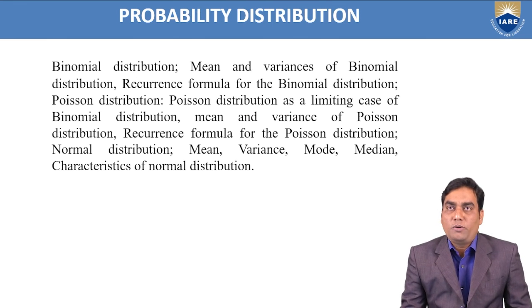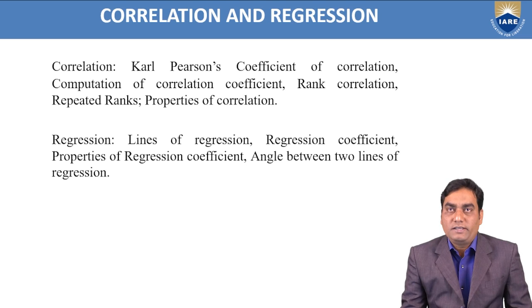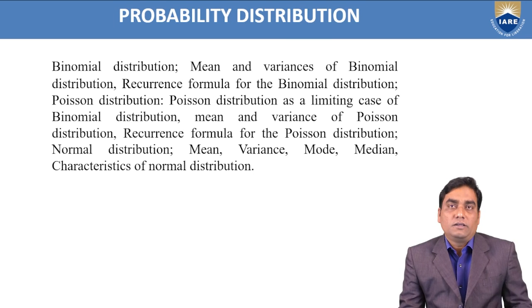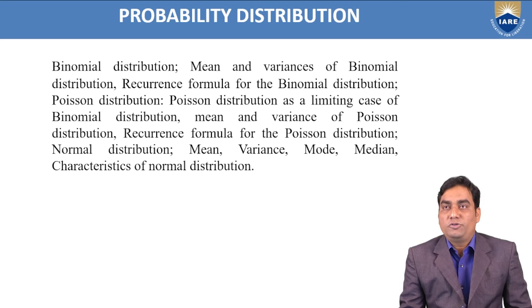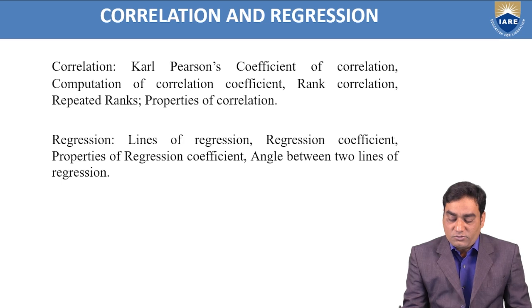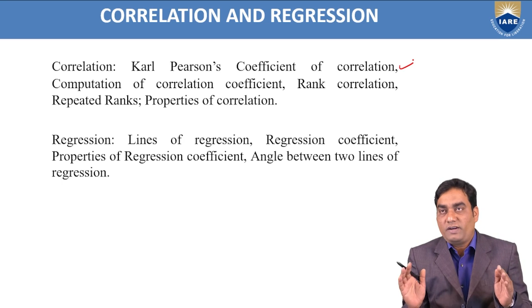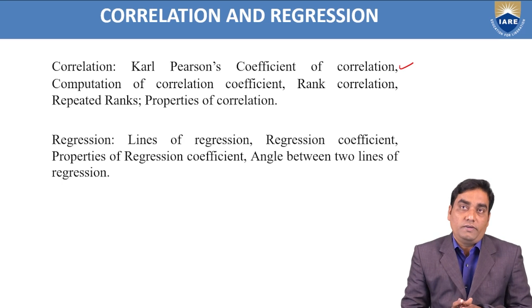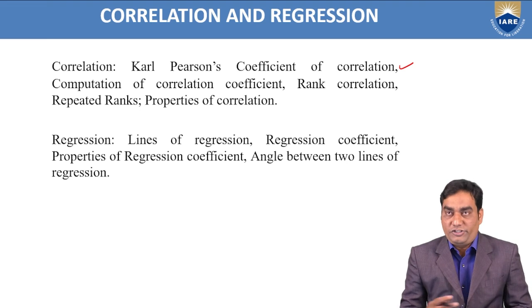And in module 2, we are going to discuss binomial distribution, Poisson distribution, and normal distribution with the mean, variance, mode, and median of all 3 distributions. And in module 3, correlation and regression, Karl Pearson's coefficient of correlation. That means we need to find the strength of the relation between 2 variables by using correlation.